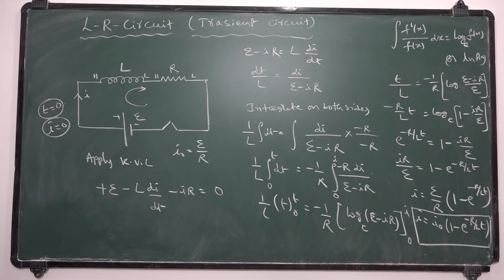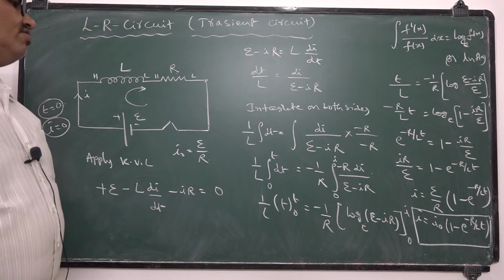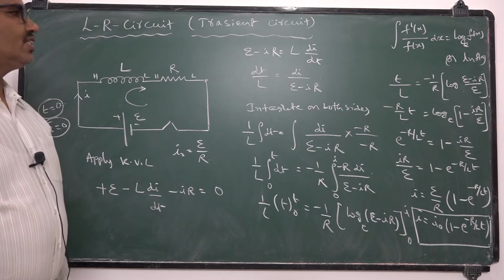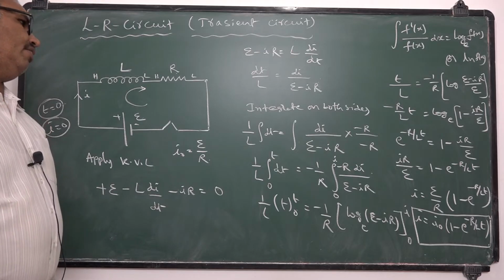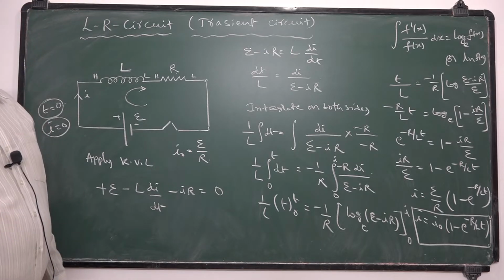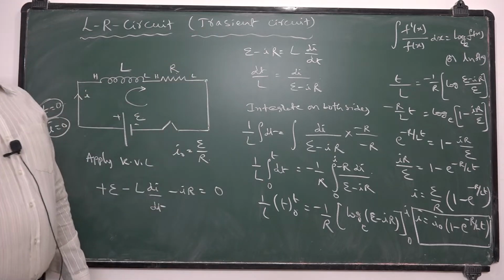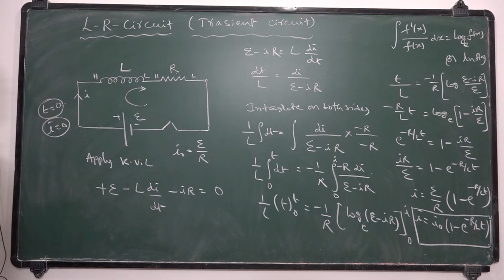Now we have to understand at what time what could be the magnitude of current, what could be the nature of that current, and what is the use of this equation. All these things we are going to learn right now. Once again, I am telling you clearly, a transient circuit is a circuit in which either current or charge is varying with respect to time.